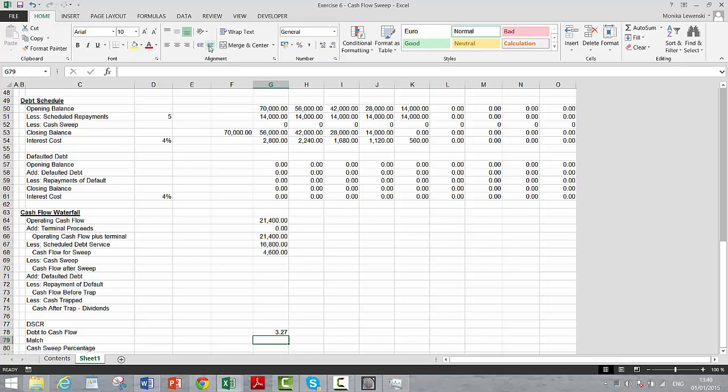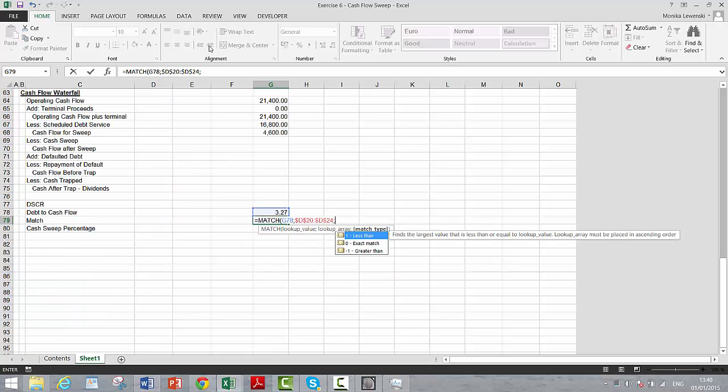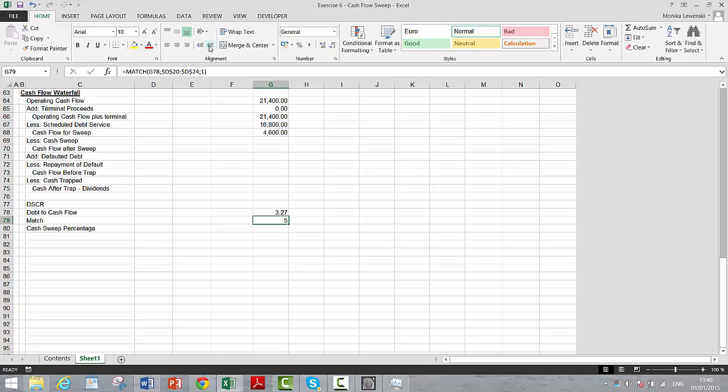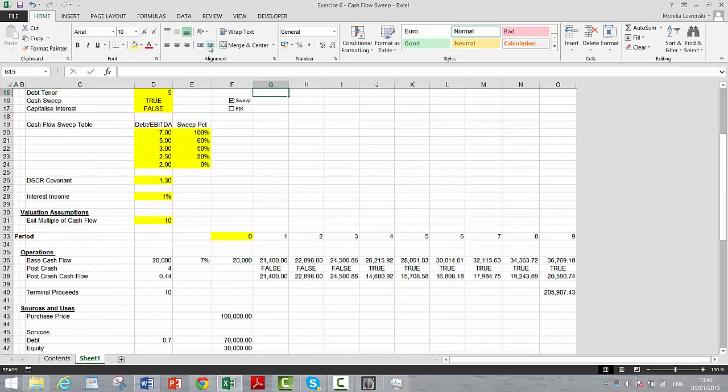So that means for the sweep percentage, we can put MATCH of this one against all of these. Okay, F4, and then put a comma -1 because it goes down. What this says is we took, if we look at this one, it took the 5th line. 1, 2, 3, 4, 5.